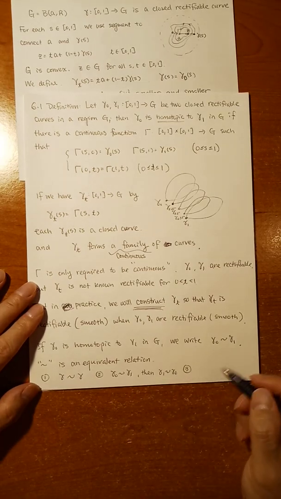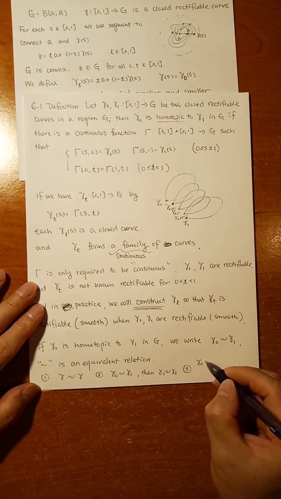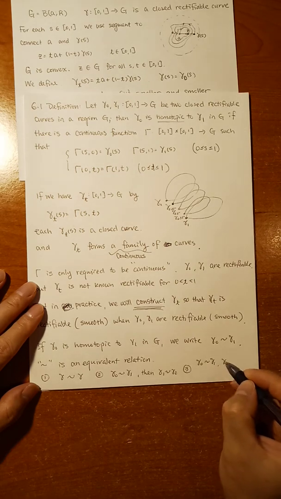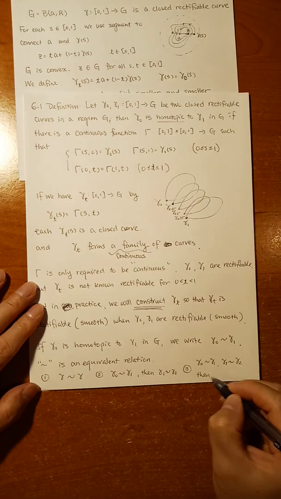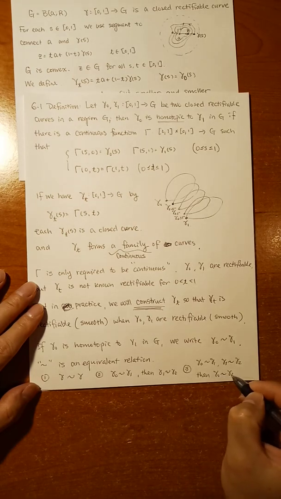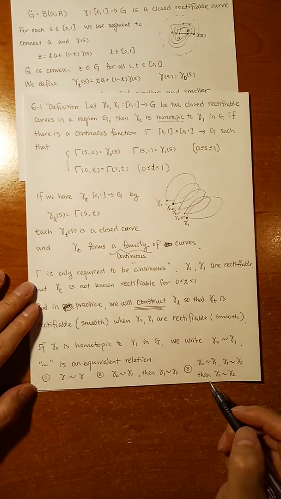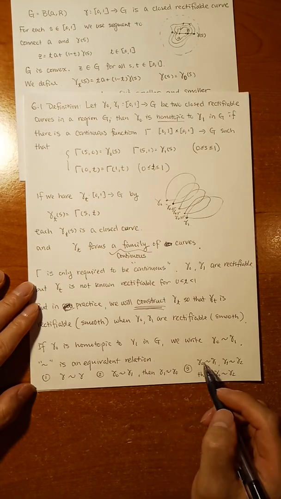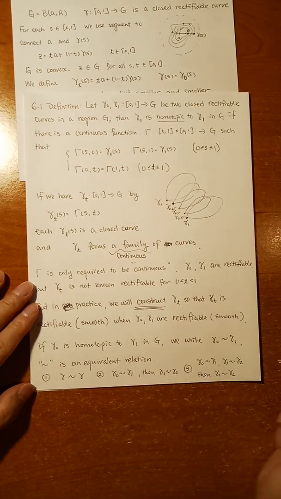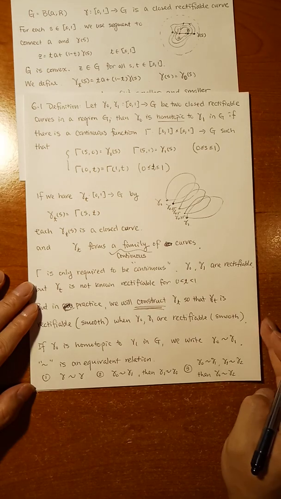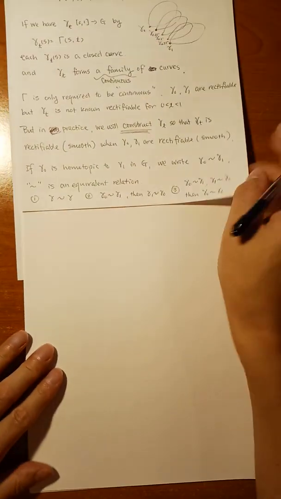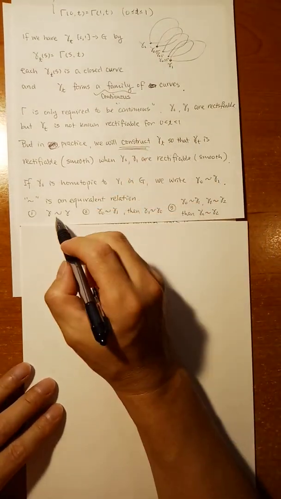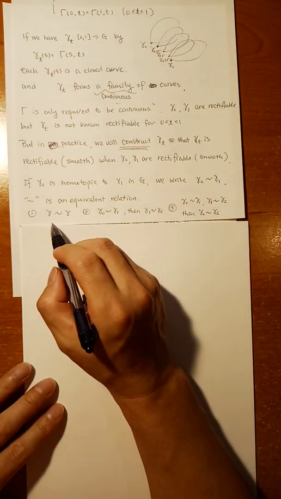Condition 3 means if gamma 0 is homotopic to gamma 1 and gamma 1 is homotopic to gamma 2, then gamma 0 is homotopic to gamma 2. Right? Those are the three conditions in the definition of an equivalence relation. You always have this. Well, it's not too difficult. The first one, you just apply the constant.